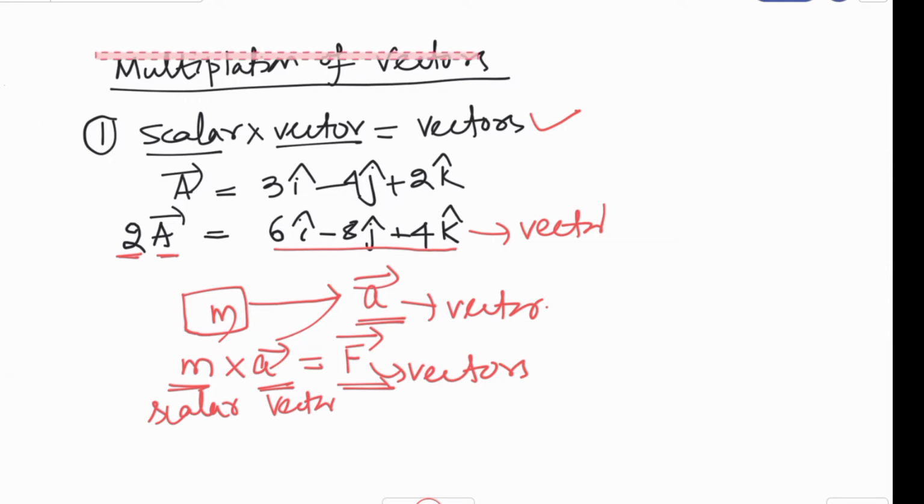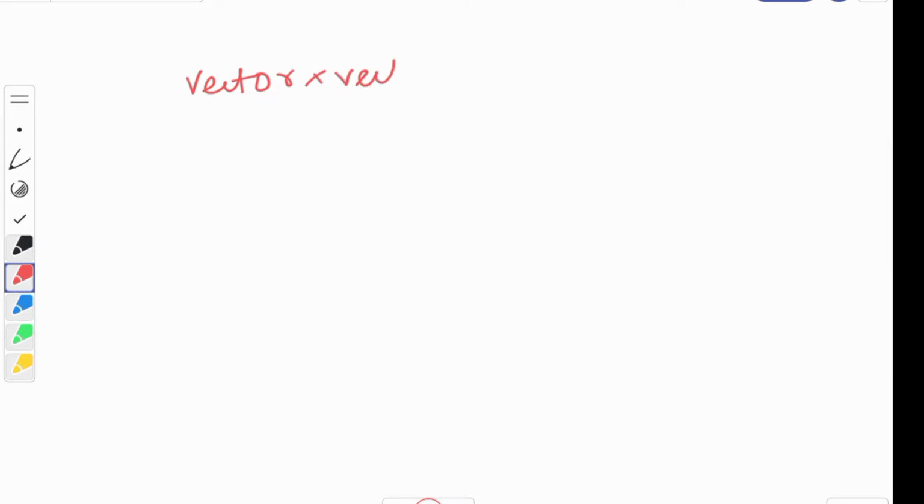Now we'll move to the second type of multiplication of vectors. What is the second type? When you multiply a vector with a vector, what is the result? Immediately we will say we are going to get a vector. No, we can get a scalar also.